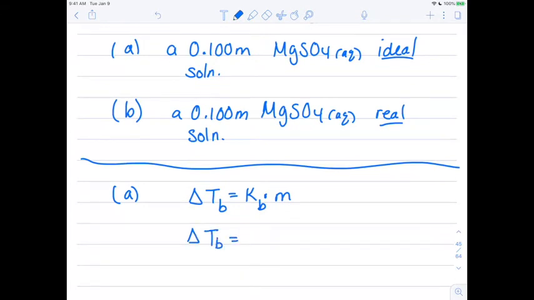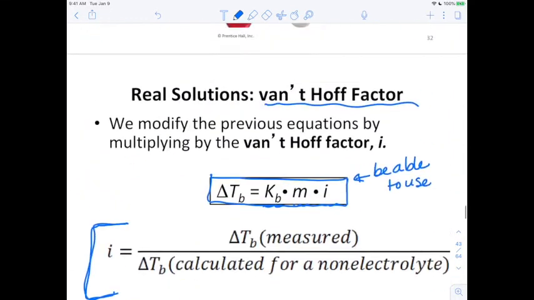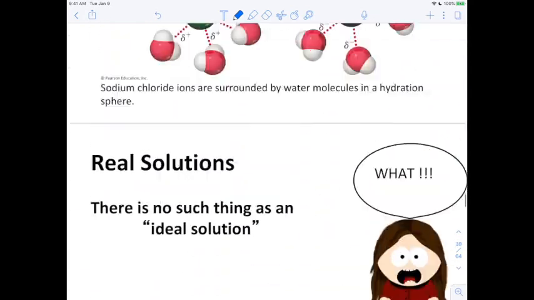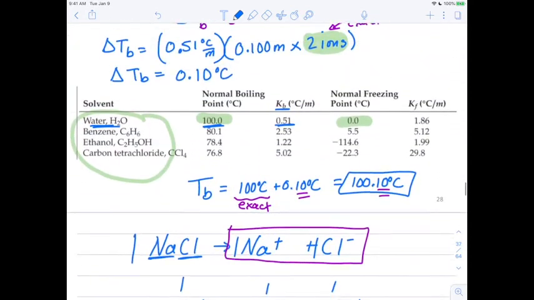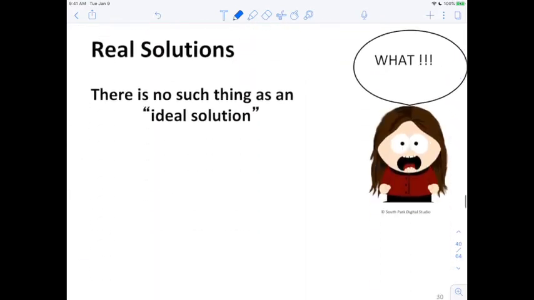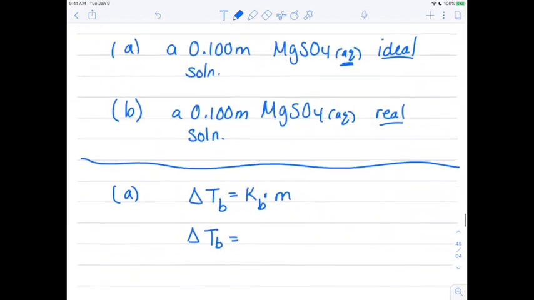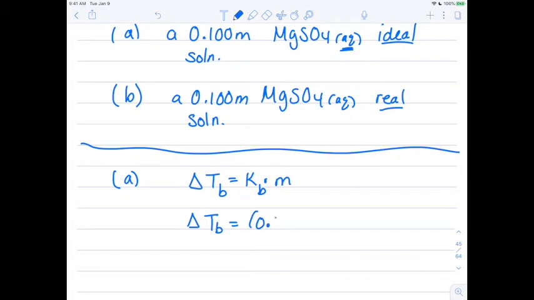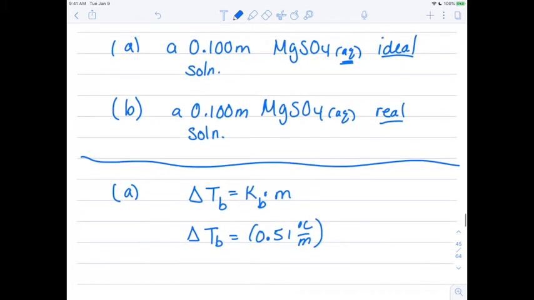So change in boiling, and now we need K for water because it's an aqueous solution. So here's our water. We're doing boiling, 0.51. And we're doing the ideal solution of 0.100 molal.